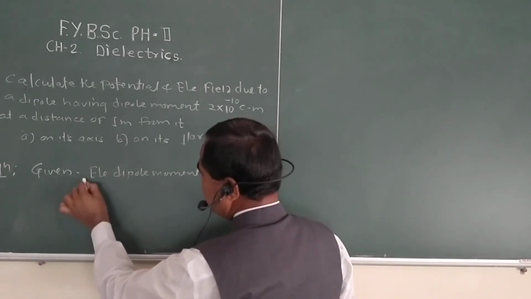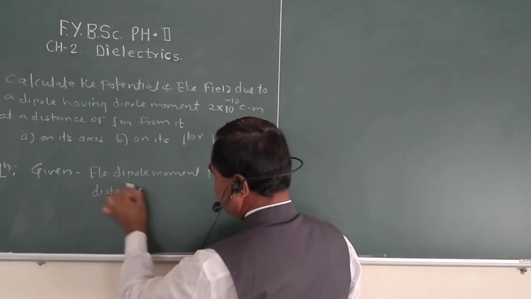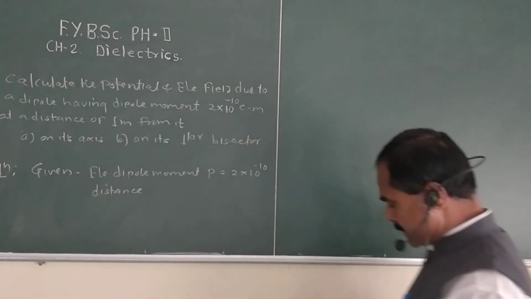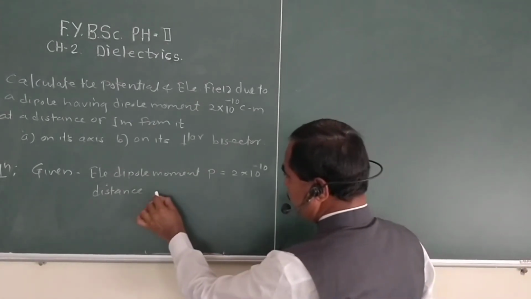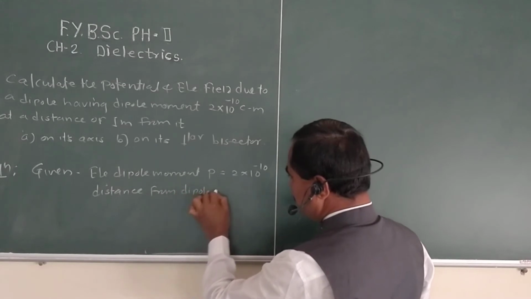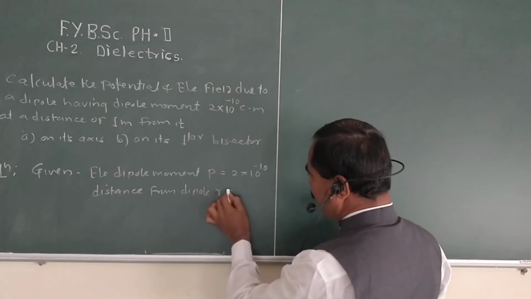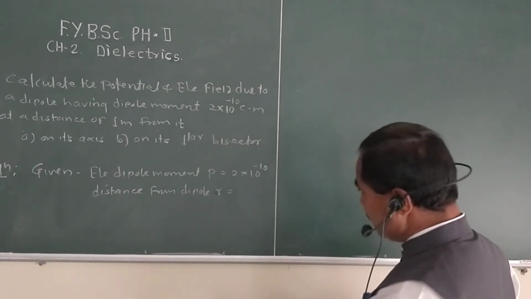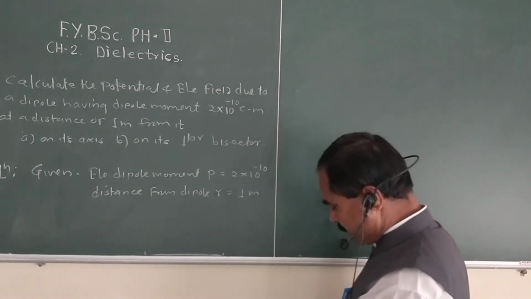Second is distance from dipole equal to 1 meter. That means we write R equal to, or take R equal to 1 meter.